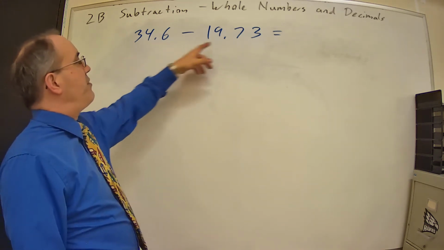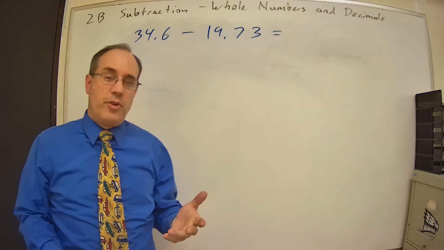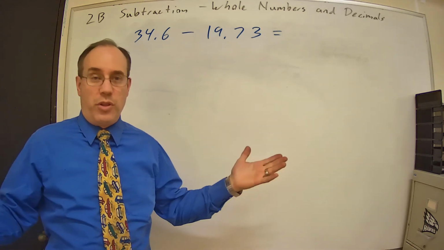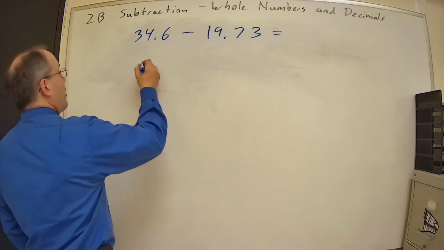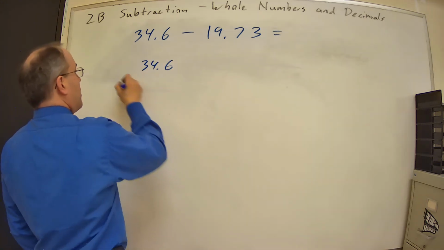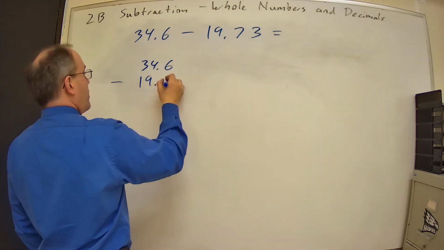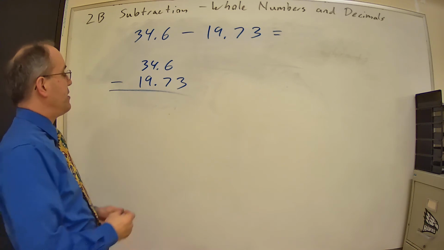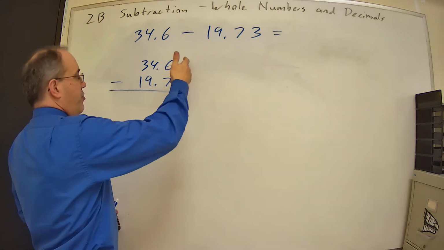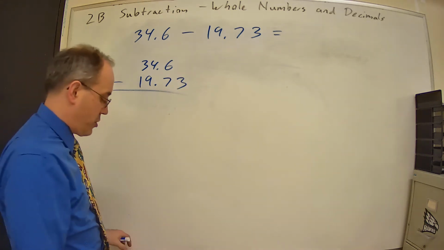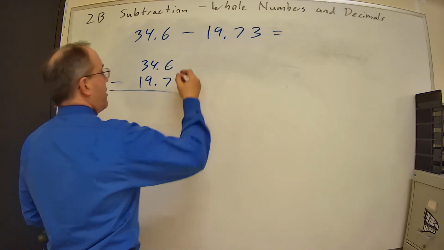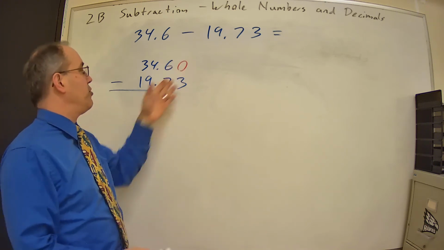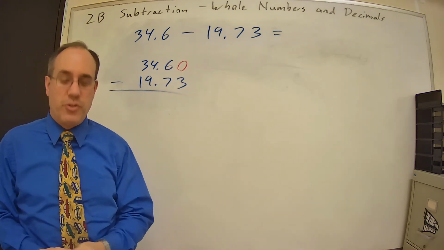When we're dealing with decimal numbers, we can say line up the decimal point, and then all the other place values will line up without any problems. Now something you may notice right away is that I have nothing minus 3 in that first column. So again, just like I did in addition, I'm going to fill in with zeros anything that I need to make sure that these match up and they have something to work with.